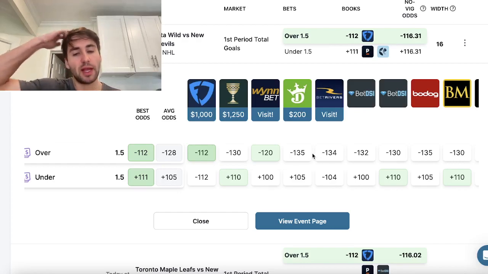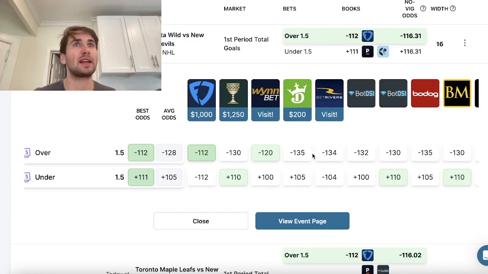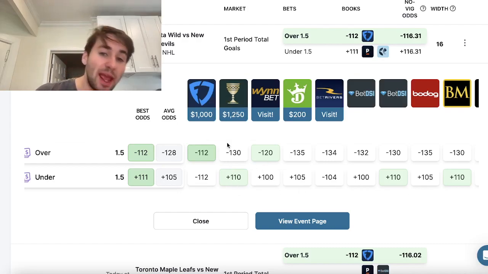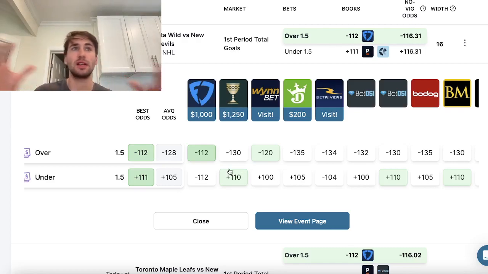And some people may be like, okay, but what if the under should actually be favored? What if the markets are inefficient? Think about every sharp bettor. If the under should be favored and you can get plus money on Caesars, this would have been hammered to minus 130. If bettors and sharps believed the under should be favored, the under would already be favored.